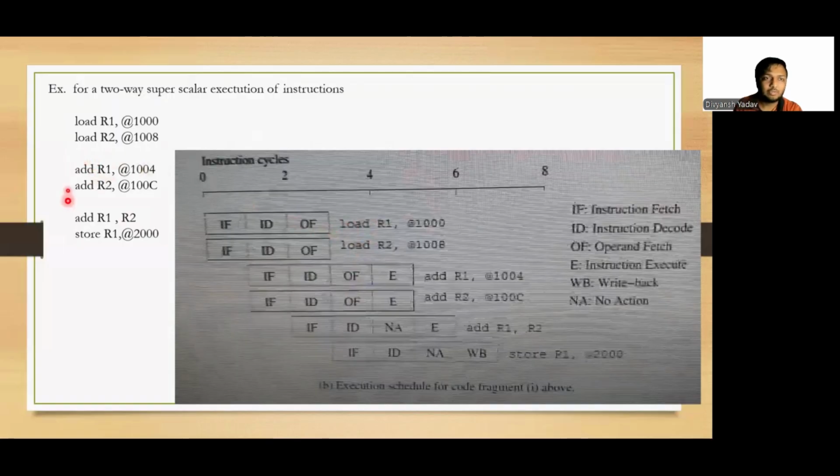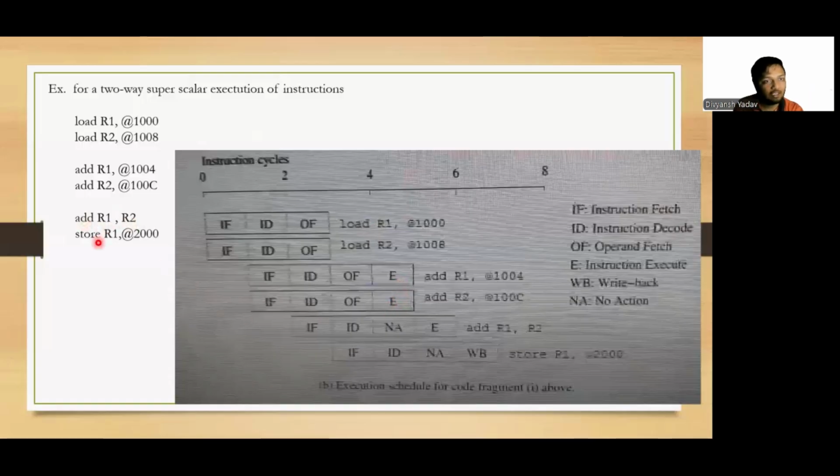And the same goes for add R1 and add R2. These instructions are independent of each other. They do not depend on any of the other instructions but the output. So at the first instruction cycle, both start with instruction fetch, instruction decode, operand fetch, and then execute. So both execute at the same time.